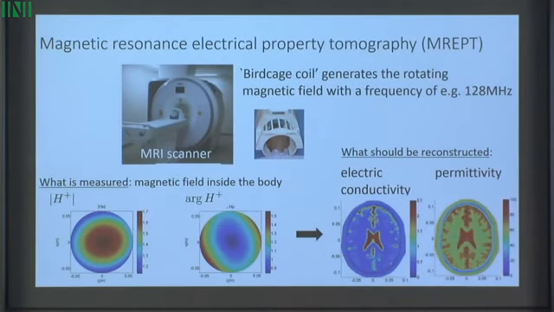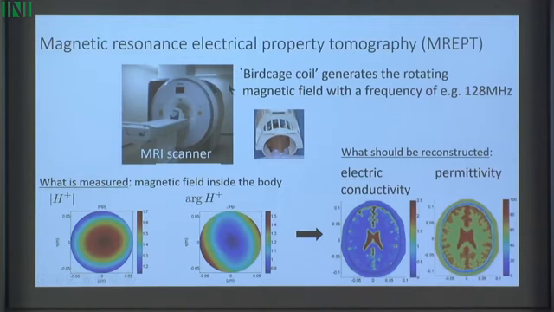There are several kinds of modality to take images of electrical properties, but recently the magnetic resonance-based method has attracted attention because it can give us a very high-resolution image. It's called magnetic resonance electrical property tomography, abbreviated as MREPT.